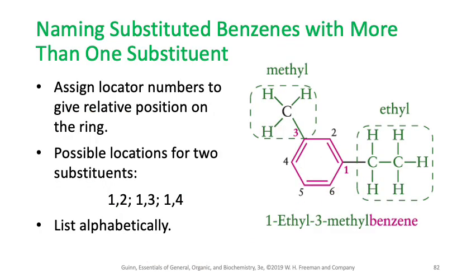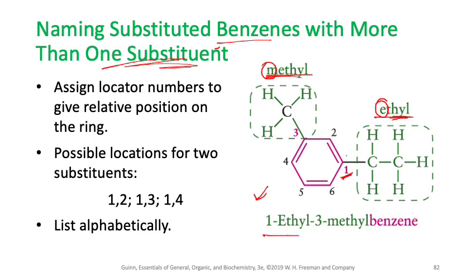Now let's talk about substituted benzene when you have more than one substituent. Let's take this example over here. You have a benzene and you have 2 substituents, methyl and ethyl. You always have to write alphabetically, right? So you give number 1 to the ethyl. Why? Because E comes first alphabetically compared to M. So remember, if you have more than one substituent, you have to give the numbering alphabetically.